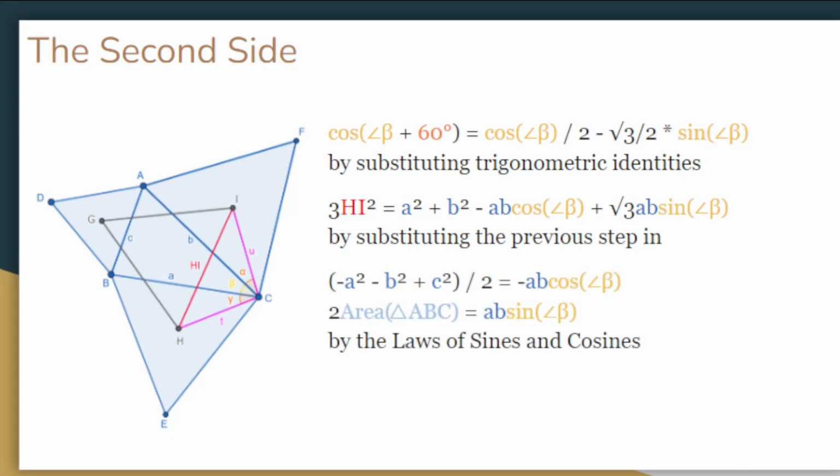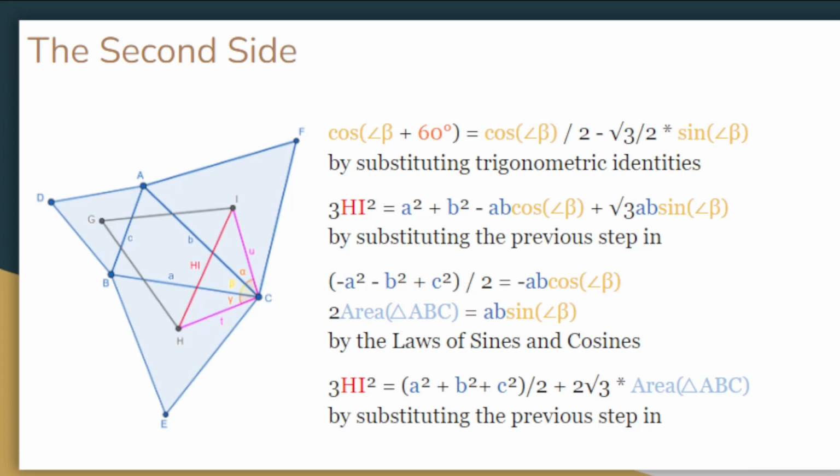And this equals negative a squared minus b squared plus c squared over 2 equals negative ab cosine beta, and then 2 times the area of triangle ABC equals ab sine beta by the laws of sines and cosines. And so when we substitute this back in, we get that 3 times HI squared is equal to a squared plus b squared plus c squared quantity over 2 plus 2 times the square root of 3 times the area of triangle ABC.